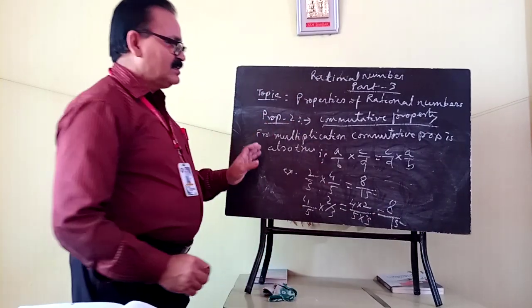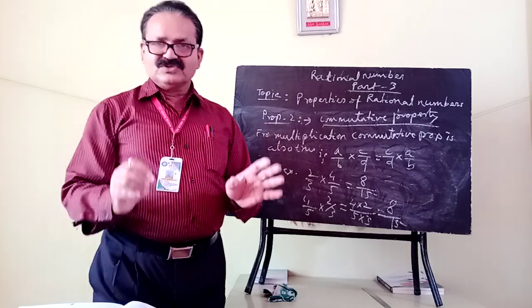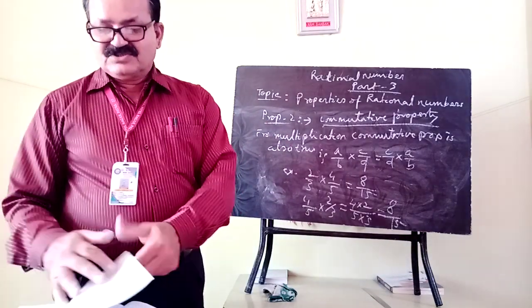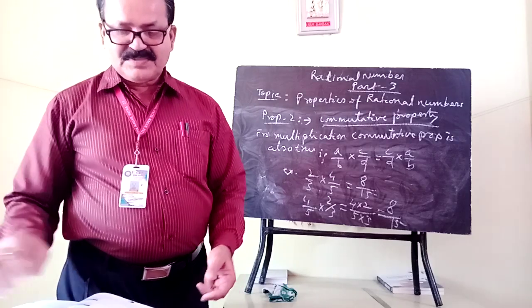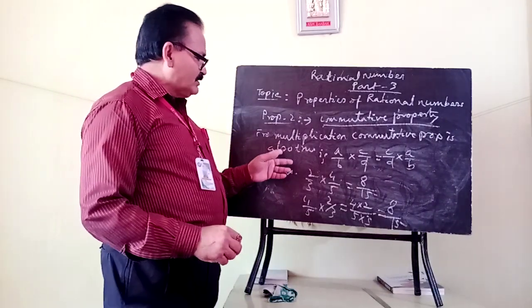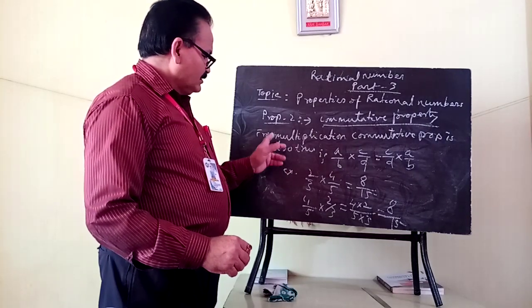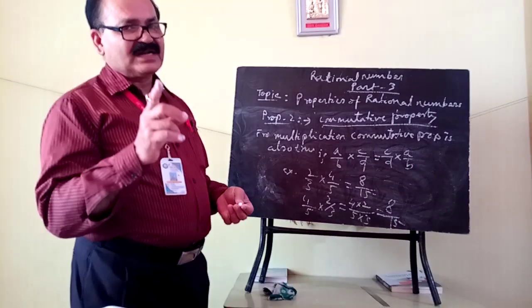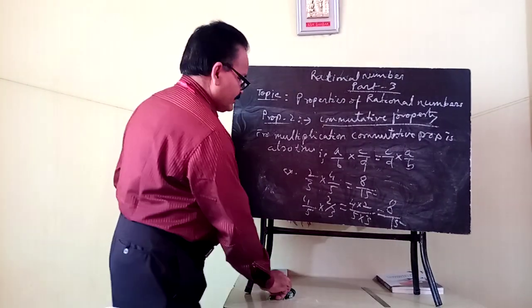So that means commutative property hold true for multiplication also. So this is all about the commutative property. Now commutative property is true only for addition and multiplication, but it is not true for subtraction and division.